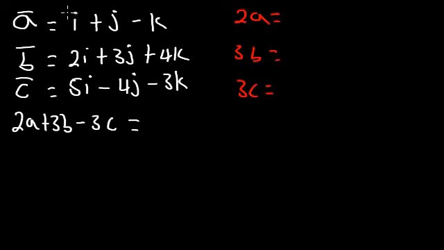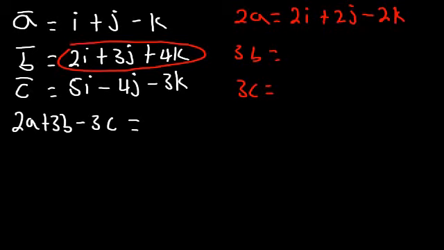So 2a is just as if we are multiplying each of the components by 2. The components of this vector are all 1s, and 2 times 1s respectively will be 2i plus 2j minus 2k. And for 3b, we need to multiply each of them by 3.